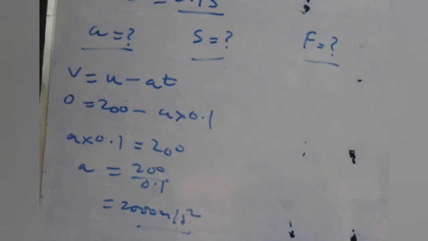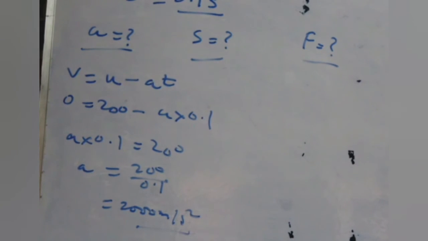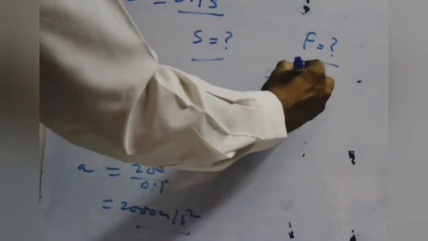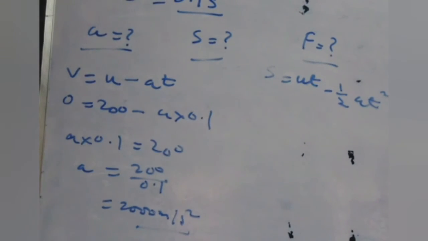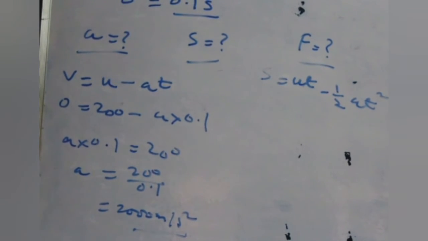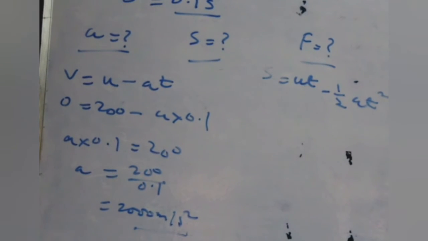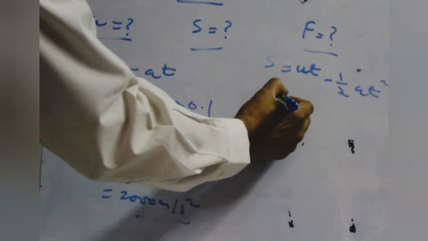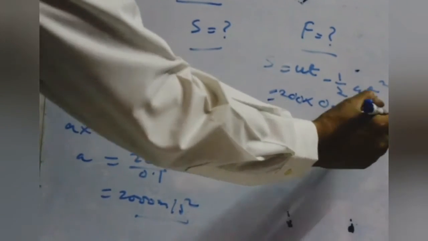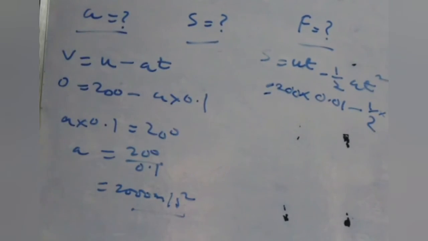Okay. Now we have to find the distance. We know s is equal to ut minus half at square. What is u? u is 200. So this is 200 multiplied by 0.1 minus half, a is 2000, into t square, that means 0.1 into 0.1.